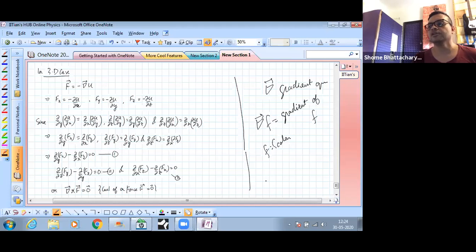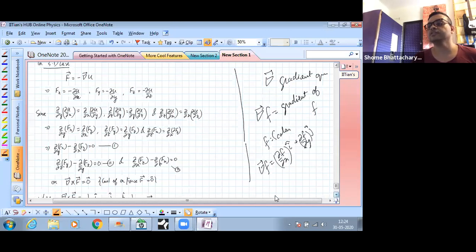This gradient of a scalar becomes del by del x of that scalar I cap plus del by del y of that scalar j cap, like that. Similarly, we can also apply it to vector quantities in two ways. One is del dot f. This is called divergence. And we can also operate del cross, which is called curl.